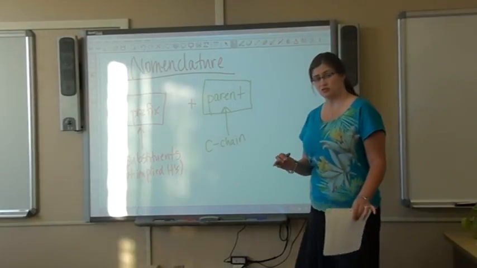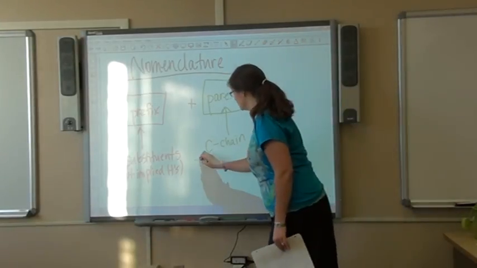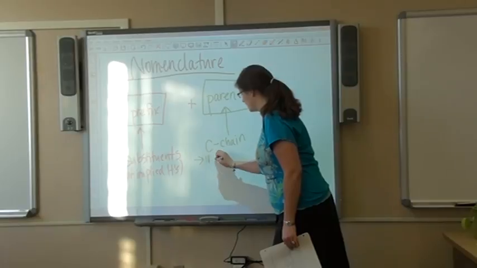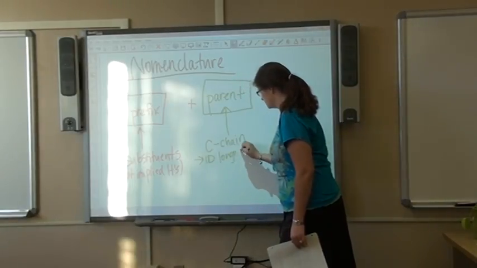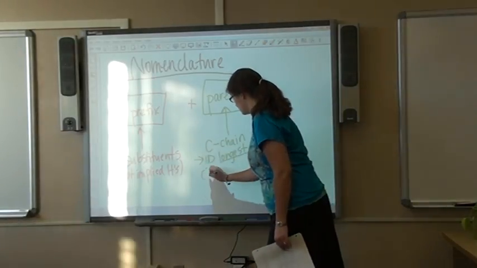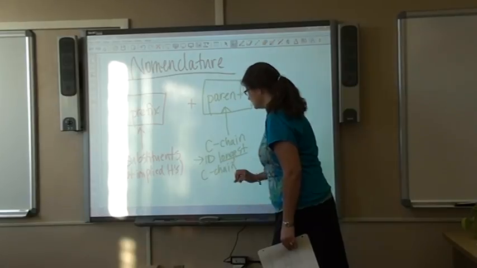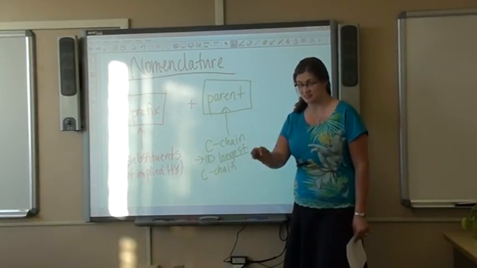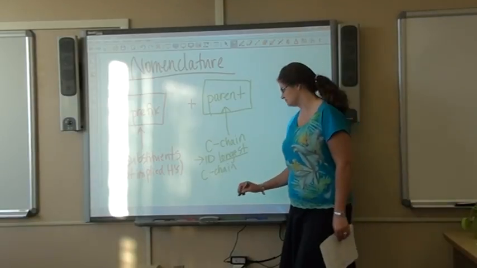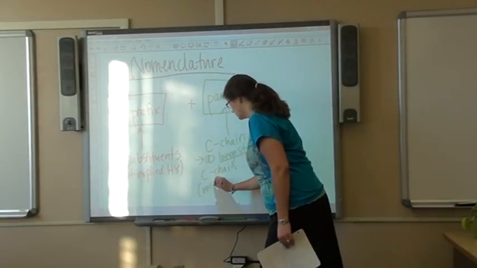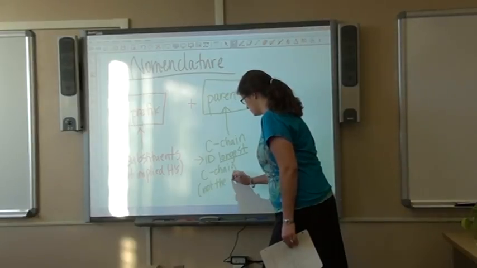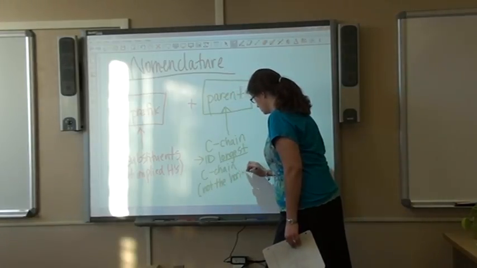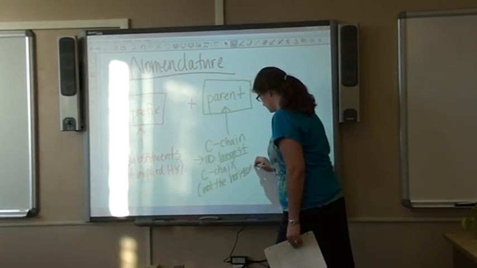Now, there's a trick to this. You're always going to want to identify the longest carbon chain, and you'll see on my homework that the longest carbon chain isn't always the one that's going horizontally across. Not the horizontal one. I'll just write that so that you can try to avoid my tricks.